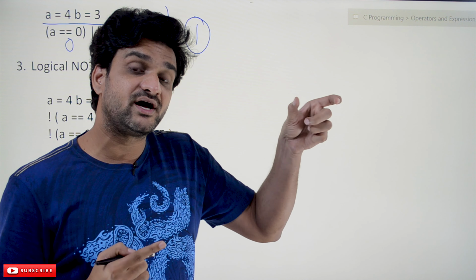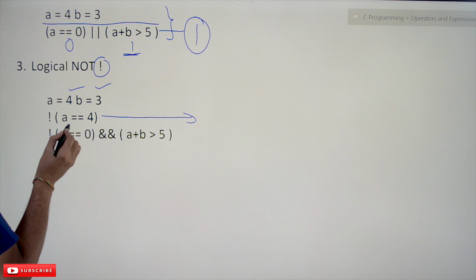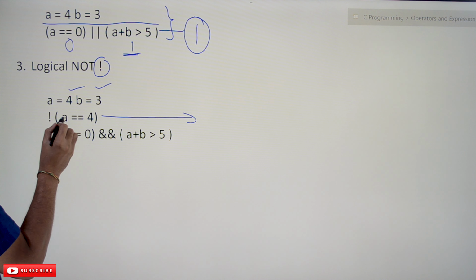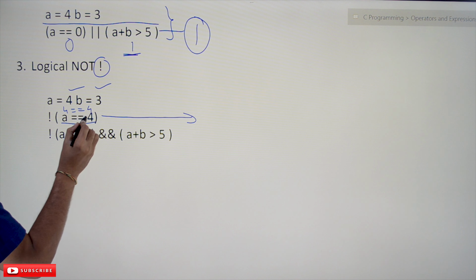Check this output. So what it is going to produce is, here a is equal to 4 and b is equal to 3. So is the value of a equal to 4? Yes. Here it is the equality operator. Here 4 is equal to 4. Is it true? Yes, it is true.